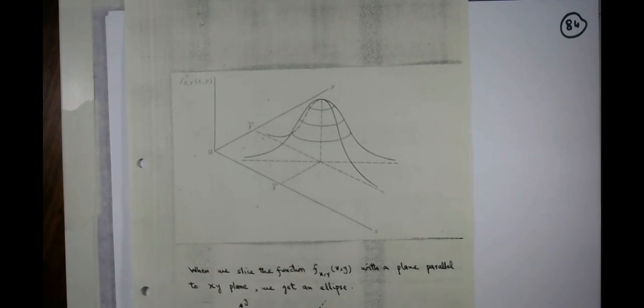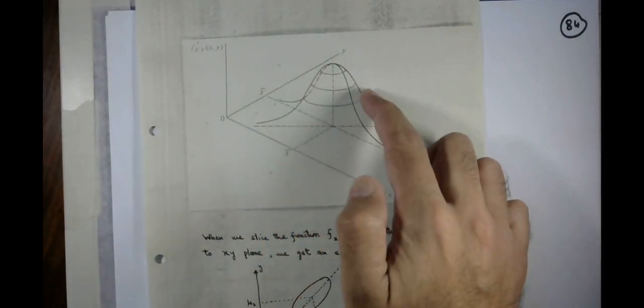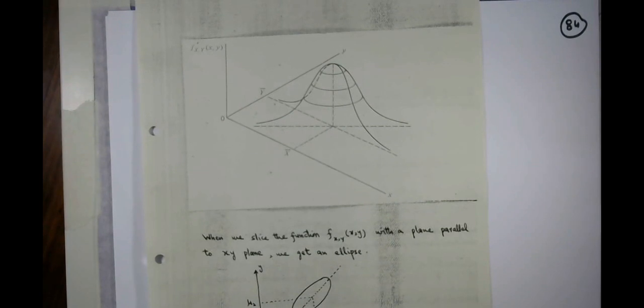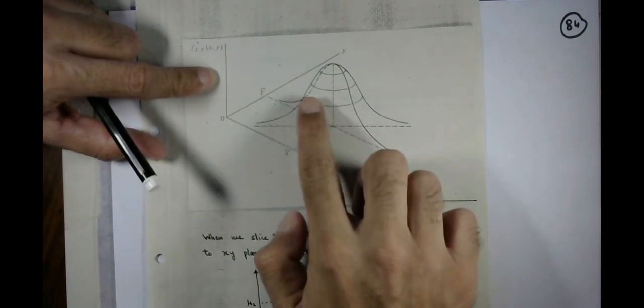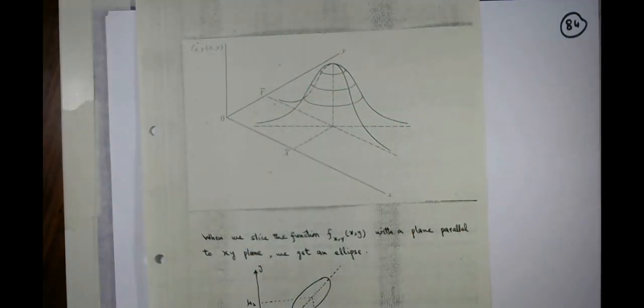It's now a proper bell whose edges are extending towards infinity, and if we slice this bell with a plane parallel to the xy plane, then we get a circle on the edge where we sliced this bell. This circle will be obtained when the variance of x and variance of y, or in other words the standard deviation of x and standard deviation of y, are equal.